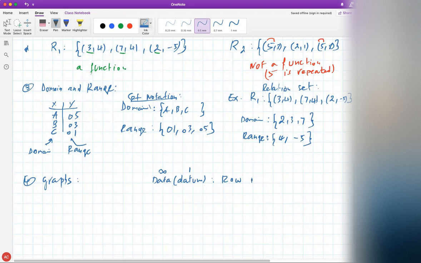So data is raw. You can think of it as raw numbers or pieces of information. But information makes more sense and it's sorted out. So you can say it is data that have been analyzed.